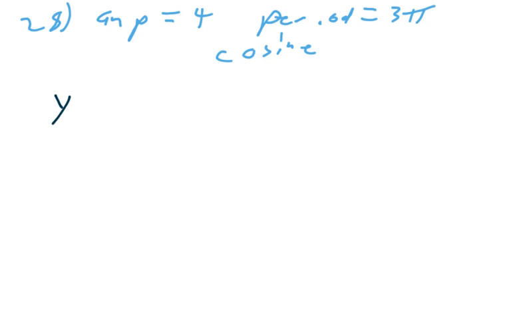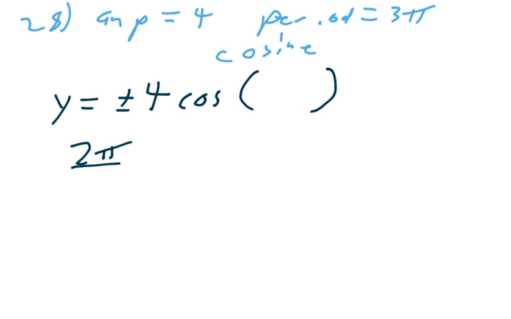Alright, for this next problem, it says we need an amplitude of 4, so I'm going to put plus or minus 4 in there. On the test, it may just be plus 4 or it may just be minus 4 because they both work. And then we use cosine because it says to use cosine. Now we're going to still use the fact that 2 pi over k is equal to the period, but this time they gave me a period of 3 pi.